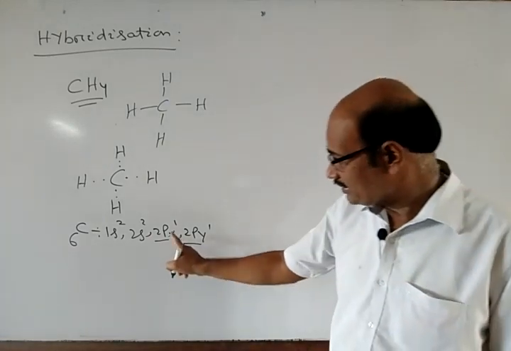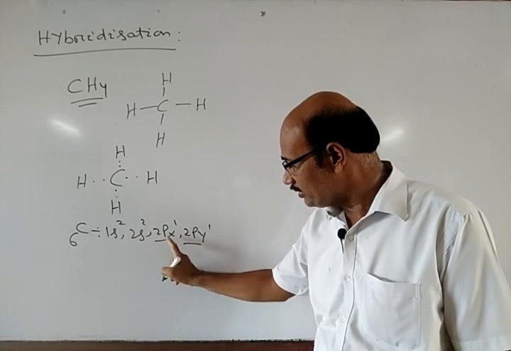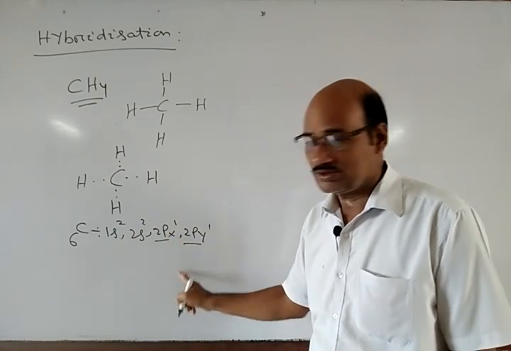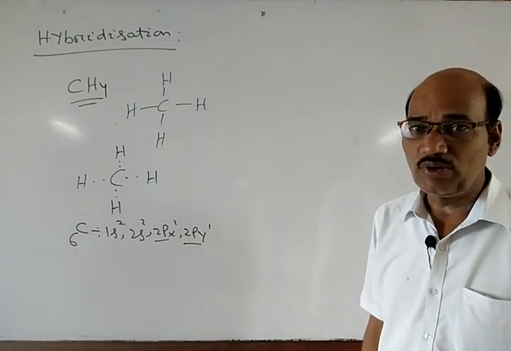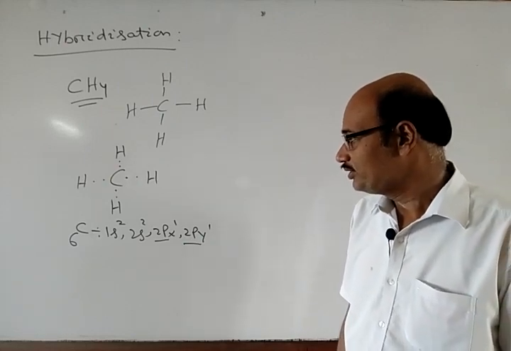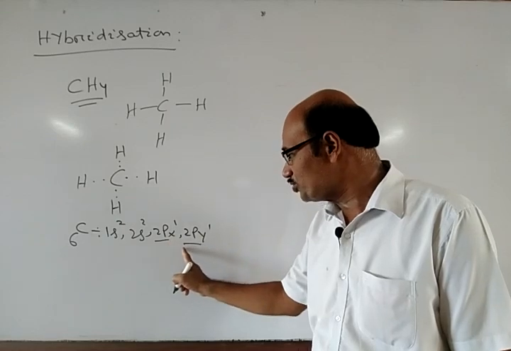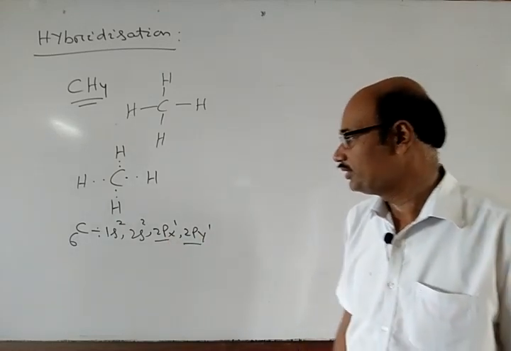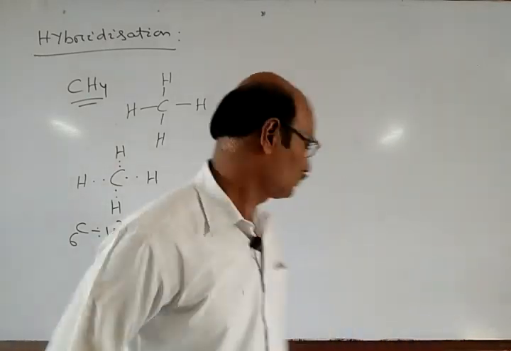That means these 2 unpaired or half-filled orbitals can form bonds with 2 hydrogen atoms of 1s orbital. Because we have only 2 unpaired electrons in the valence shell, the carbon has a covalency of 2.